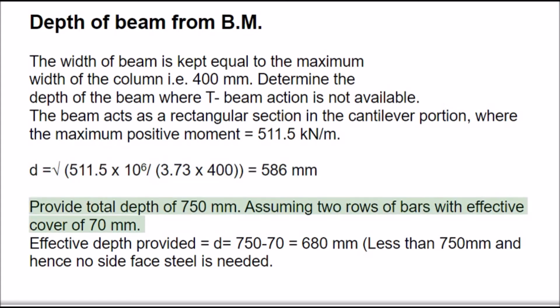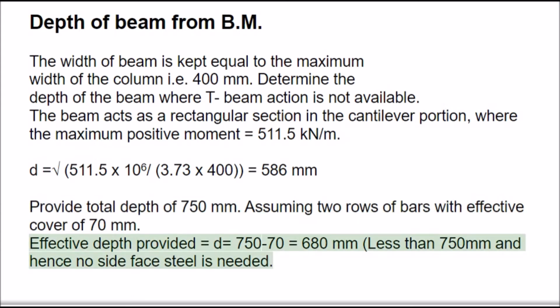Provide total depth of 750 mm assuming 2 rows of bars with effective cover of 70 mm. Effective depth provided equals D equals 750 to 70 equals 680 mm, less than 750 mm, and hence no side face steel is needed.